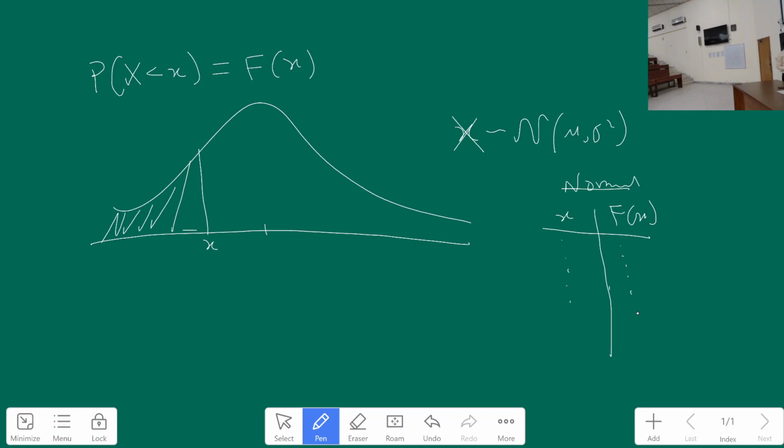The problem is that these values are different for different mean and variance, aren't they? So if there is another distribution that has a different mean and variance, for the same x, the area would be very different. So how many tables do you think you will need to write? These days it's very easy, we just code it, we have the codes, calculator, everything, and it does that.